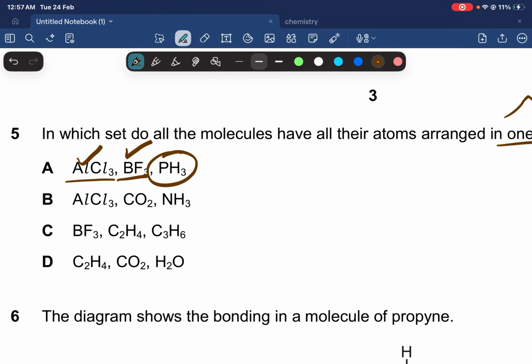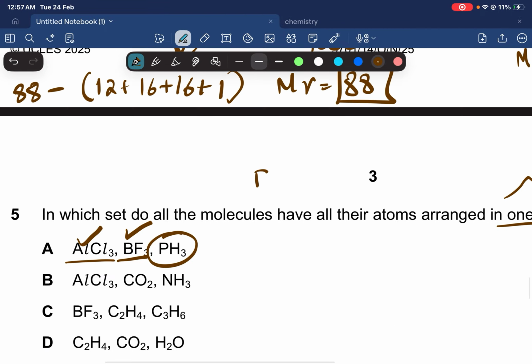Why? Because phosphorus, despite having 3 hydrogens attached to it, is still pyramidal, because it has a lone pair on top, and this lone pair pushes the hydrogens down. So it basically forms a pyramid down. It's trigonal pyramidal, so not flat.